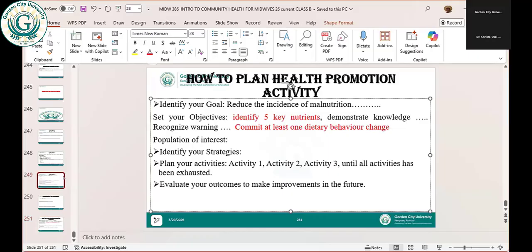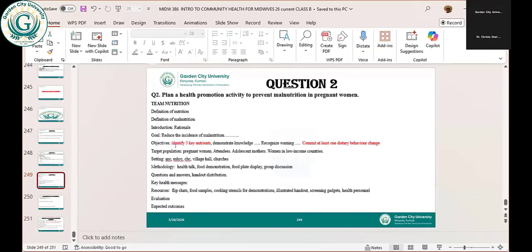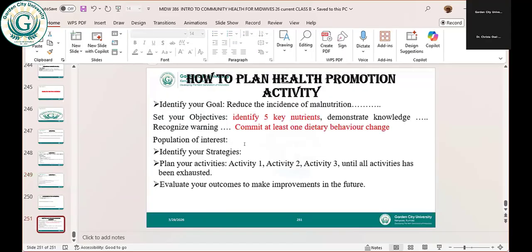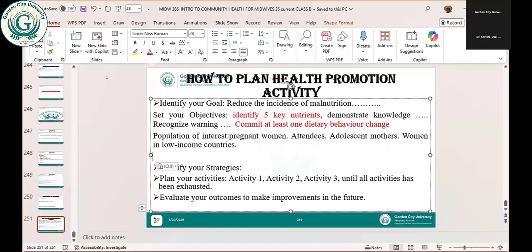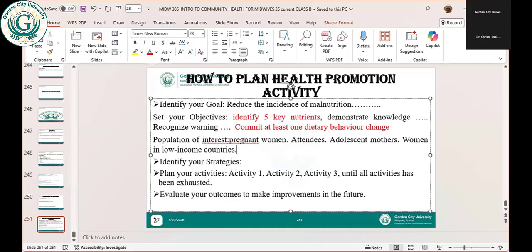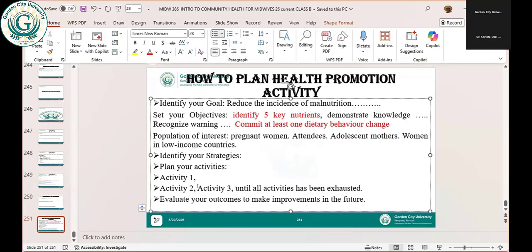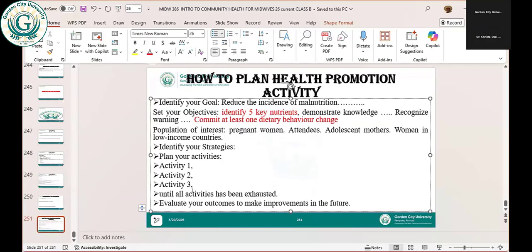Then you have your population of interest, where you have introduced a whole lot of people also in there, but at least you have it, so I'm marking you. Then you have to identify your strategy. You have activity 1, activity 2, activity 3, activity 4, and so forth.